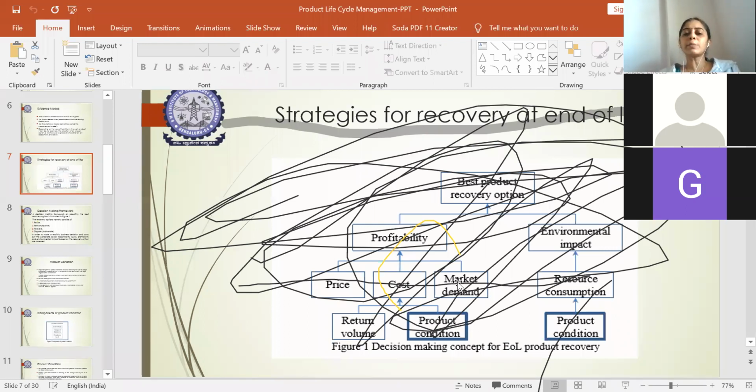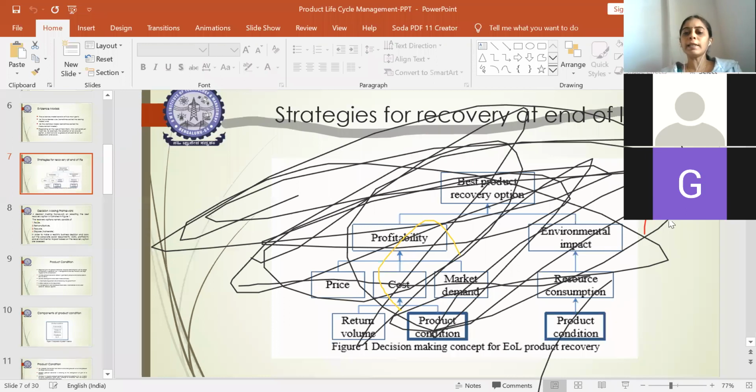So it could be with respect to the market demand, what is the current demand for the product in the market, what is the actual cost of the product, and what is the MRP of it. Depending upon the cost and the price of the product, the profitability of the product will be evaluated. So this is one line in which it evaluates the profitability of the product.